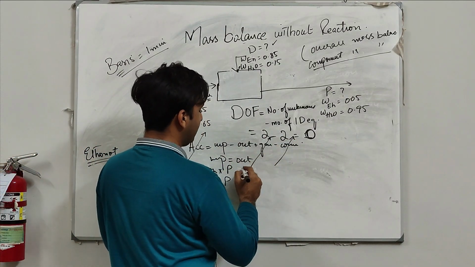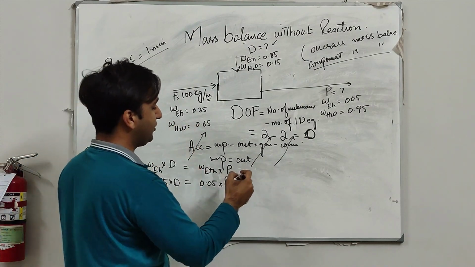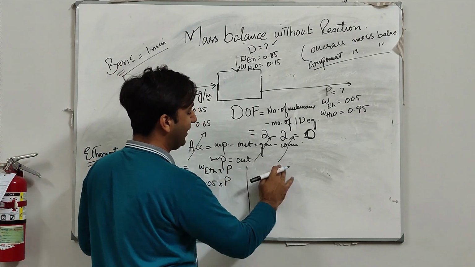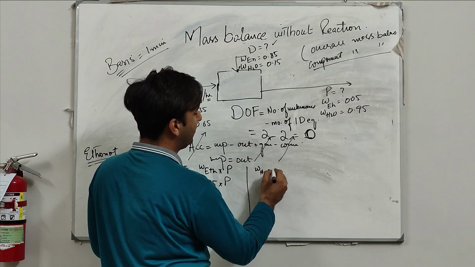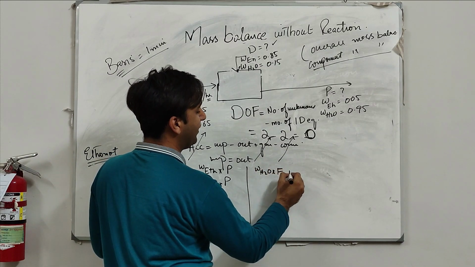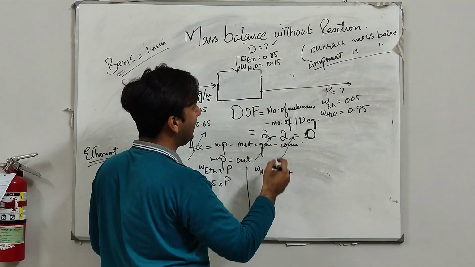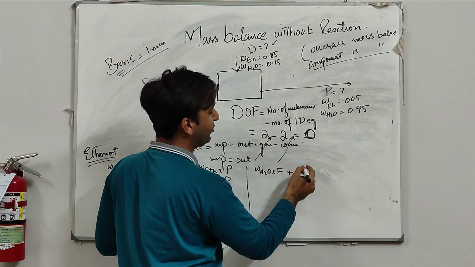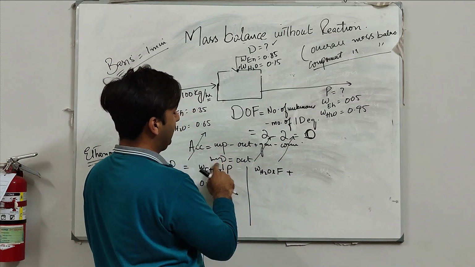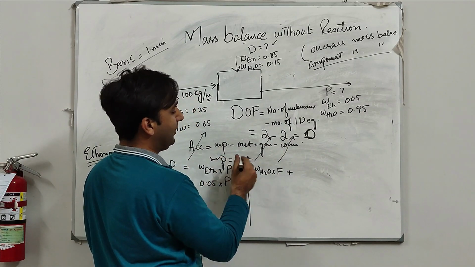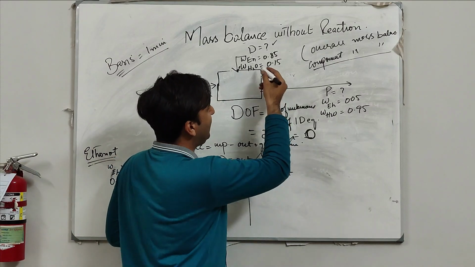So the second balance will be of water. So what will be the water balance? The water balance will be the weight fraction of H2O multiplied by F plus, as D is also our input, entering will be taken as input, and we will write it with a positive sign.